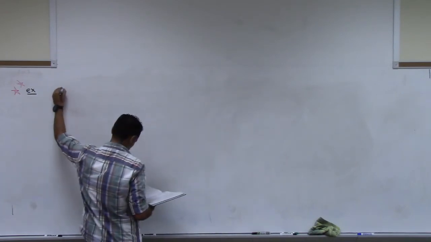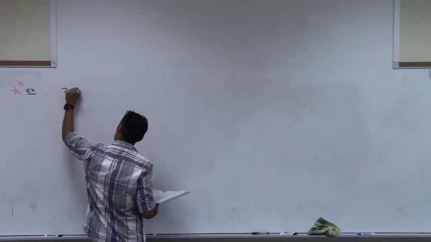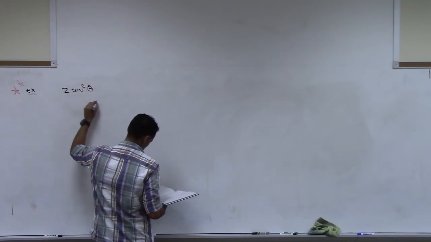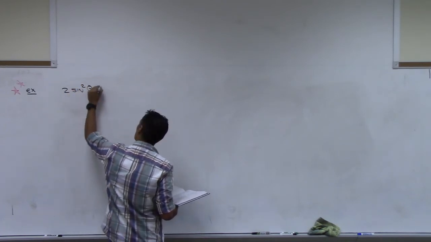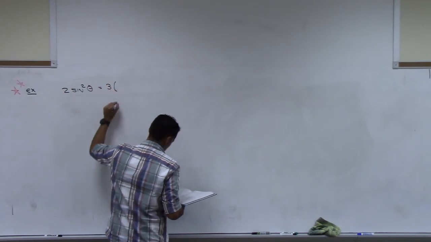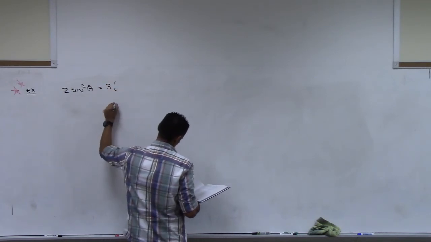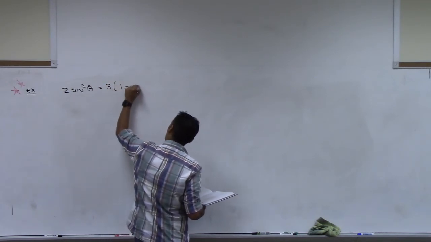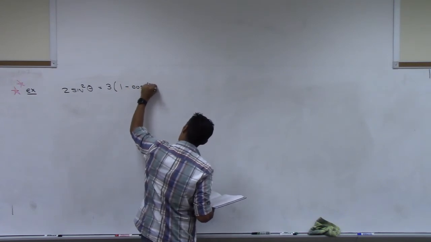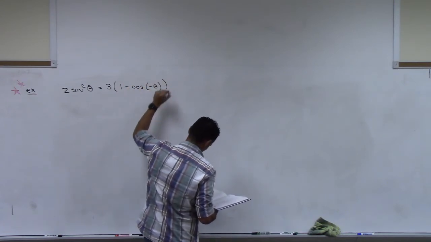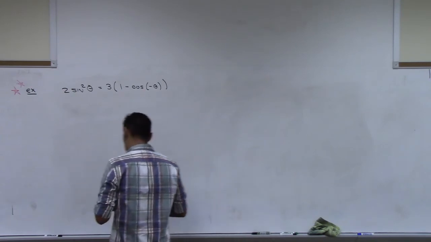How about 2 sine squared theta equals 3 parentheses 1 minus cosine of negative theta. There we go.